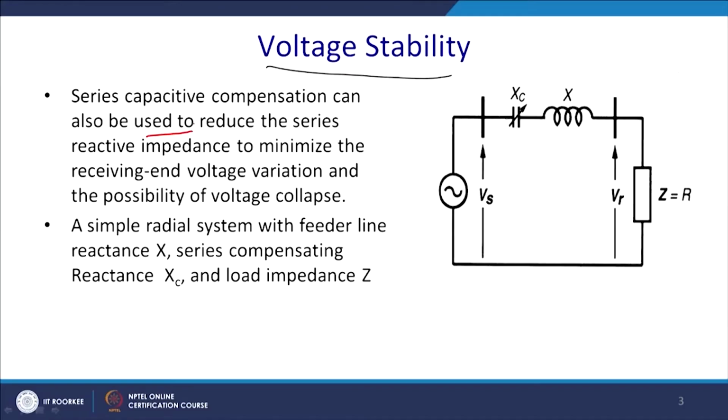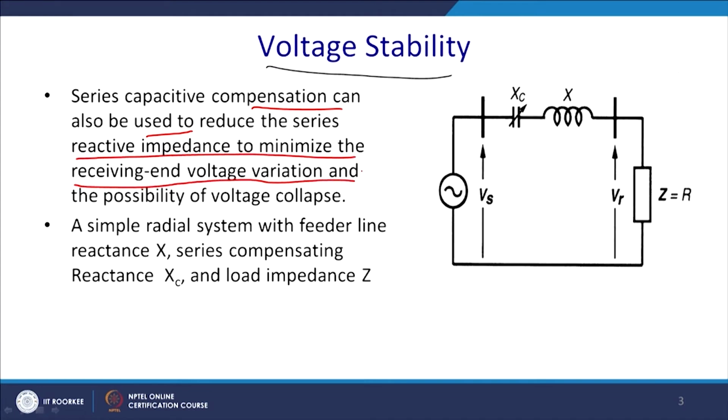So, let us consider that you have a variable impedance inserted, and what about the voltage stability. Series capacitive compensation can be used to reduce the series reactive impedance to minimize the receiving end and the sending end variation.